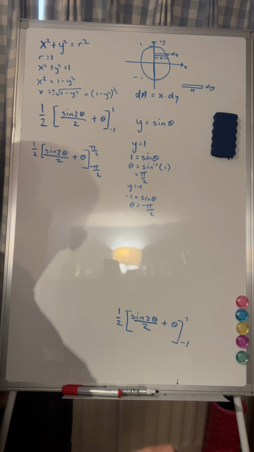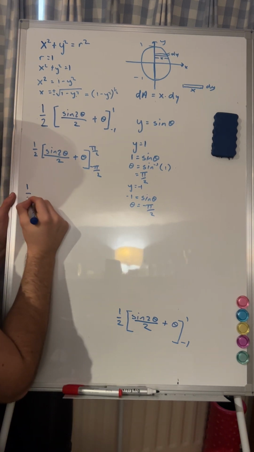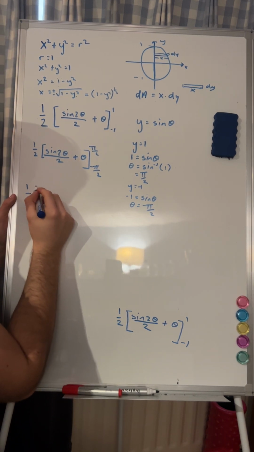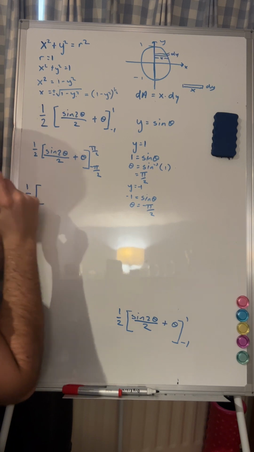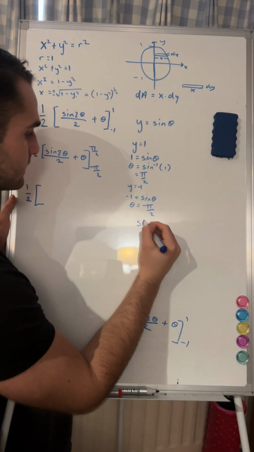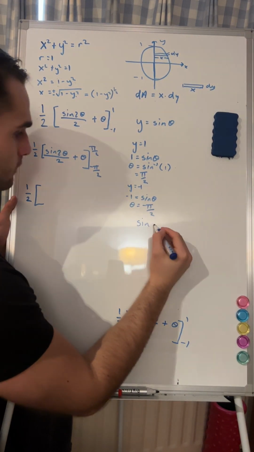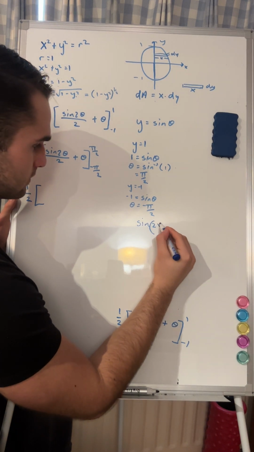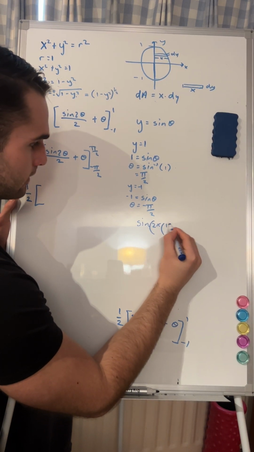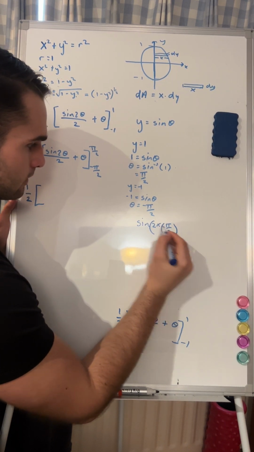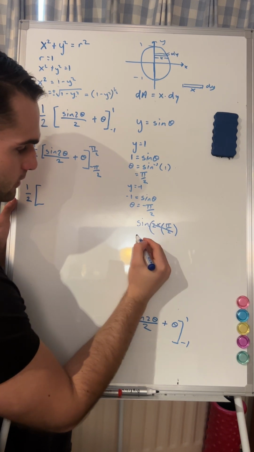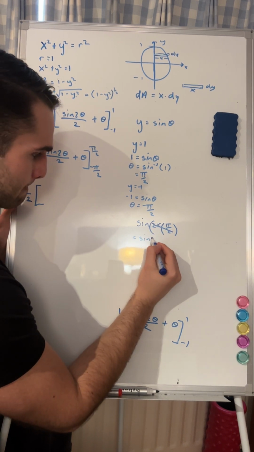So doing this, we bring a half out, and firstly we can see that sine of 2 times pi over 2, when these cancel out, is equal to sine pi.